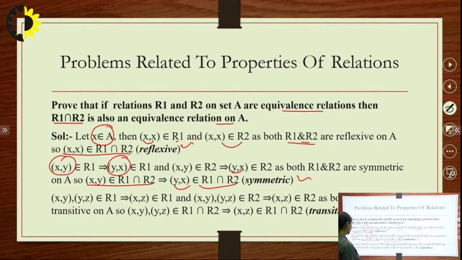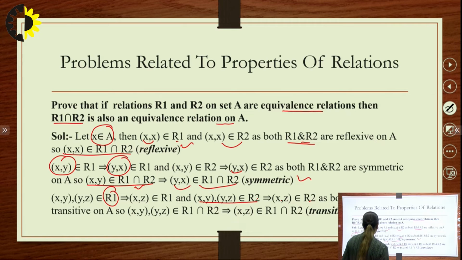Now the third condition: (x, y) and (y, z) both belong to R1 implies that (x, z) belongs to R1, as R1 is transitive. Similar is the case with R2: (x, y) and (y, z) belonging to R2 will imply that (x, z) also belongs to R2.